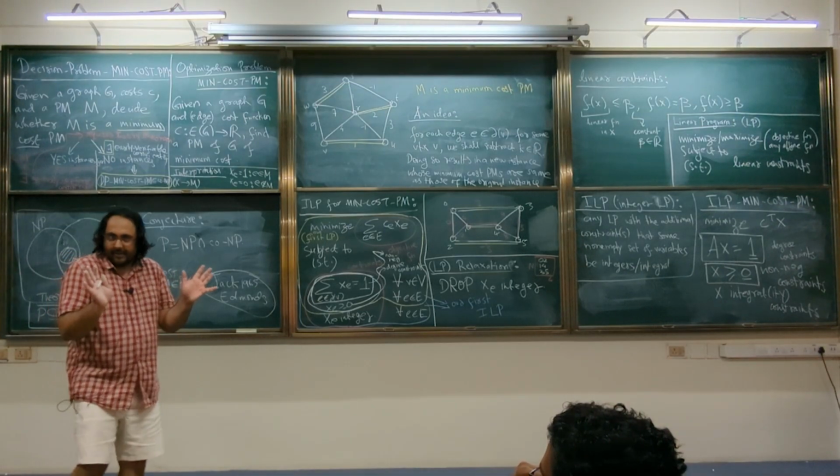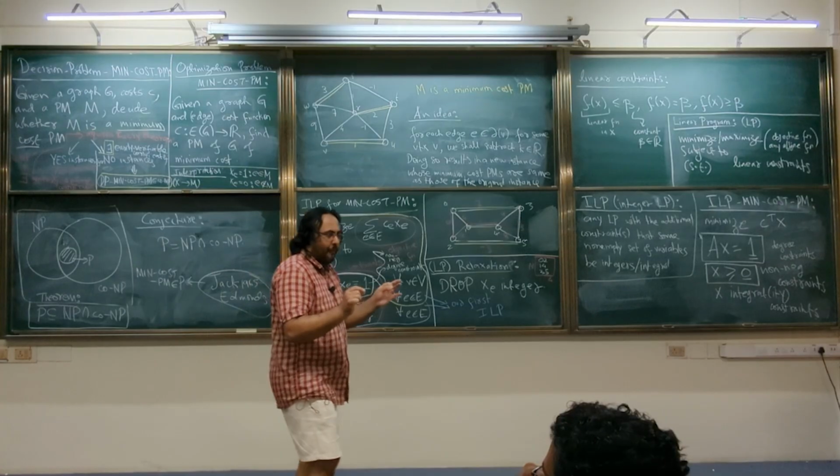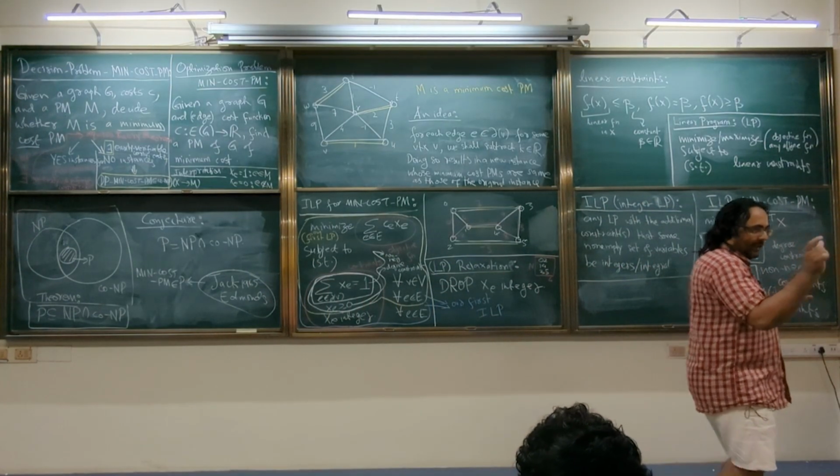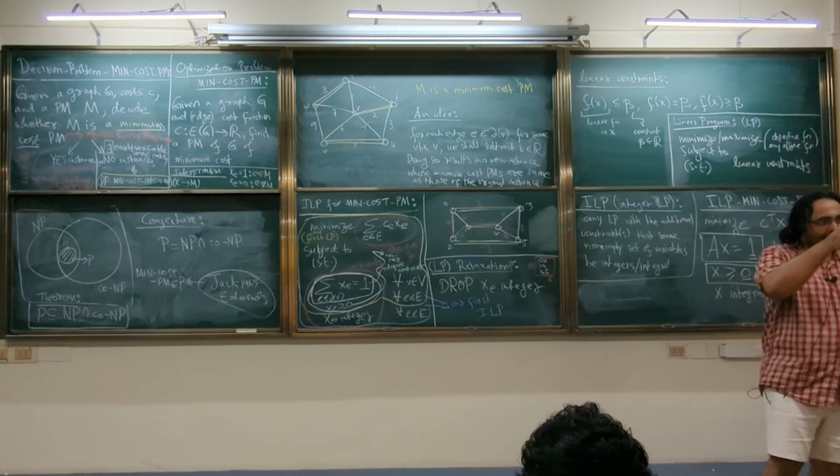Yeah. Right, Jaiprakash. So what Jaiprakash is suggesting is that if we can find labels, we don't know whether they exist in general, but if we can somehow find labels for each vertex, you subtract that label from all the edges incident at that vertex.